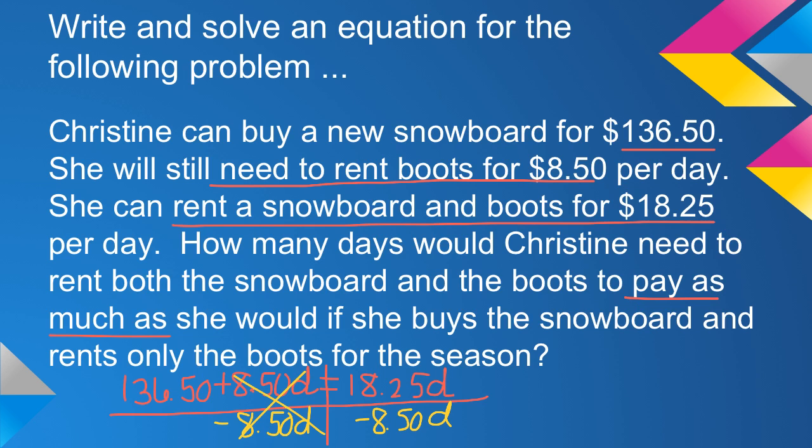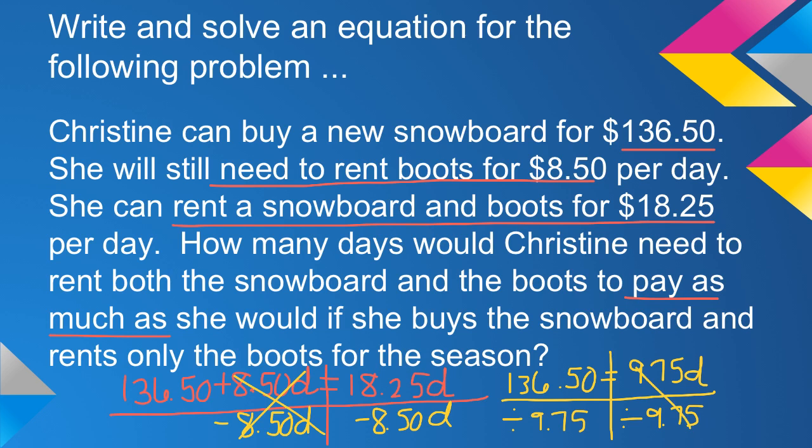When I did that, notice I had my constants on the right, and I think I have 9.75, but I'm just checking. I have 9.75D on the right, so I have separated my constants and my variables. And now I have a one-step equation. I'm going to divide both sides by 9.75.